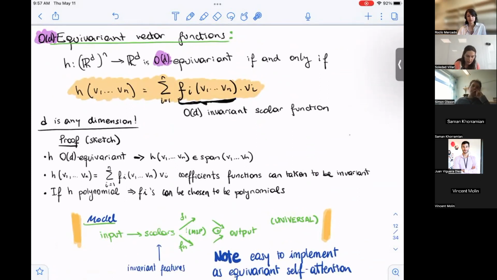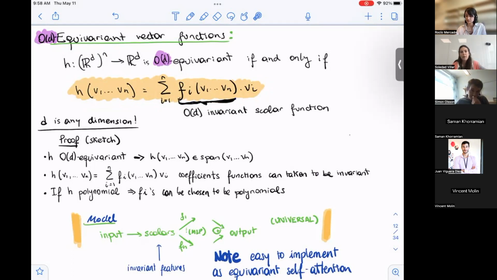The way to explain this in simple terms is the following: if you have a function that takes n vectors in Rd and outputs a vector in Rd, this function is OD equivariant if and only if you can write it as a linear combination of your input vectors times coefficient functions, and these coefficient functions are going to be invariant scalar functions, so functions of the inner products as we had before.